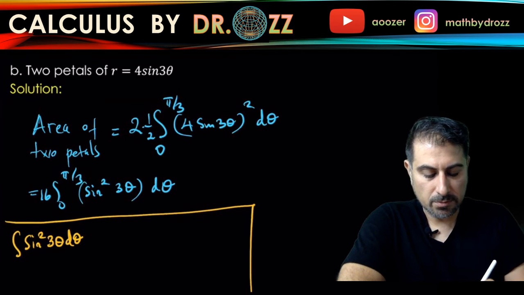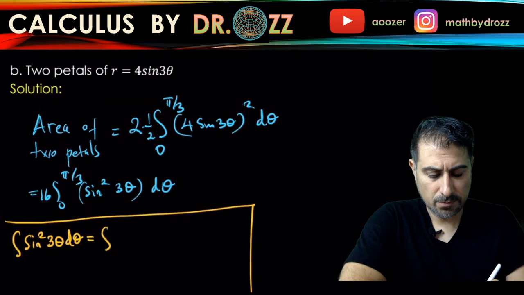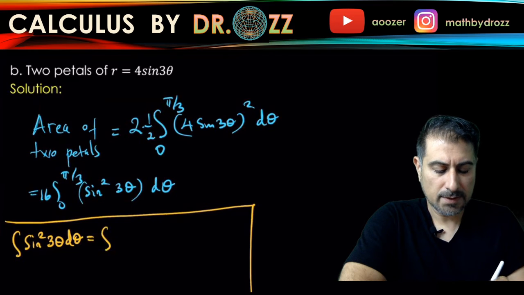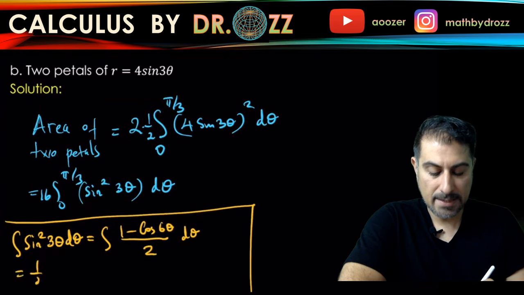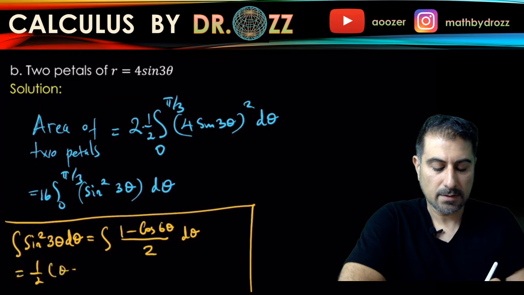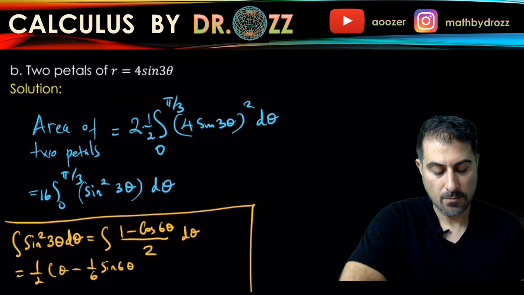So let's use the power reducing formula for sine, which takes you to the integral of (1 minus cosine 6 theta) divided by 2 d theta, and that is integrated as theta minus 1/6 sine 6 theta plus c, okay?